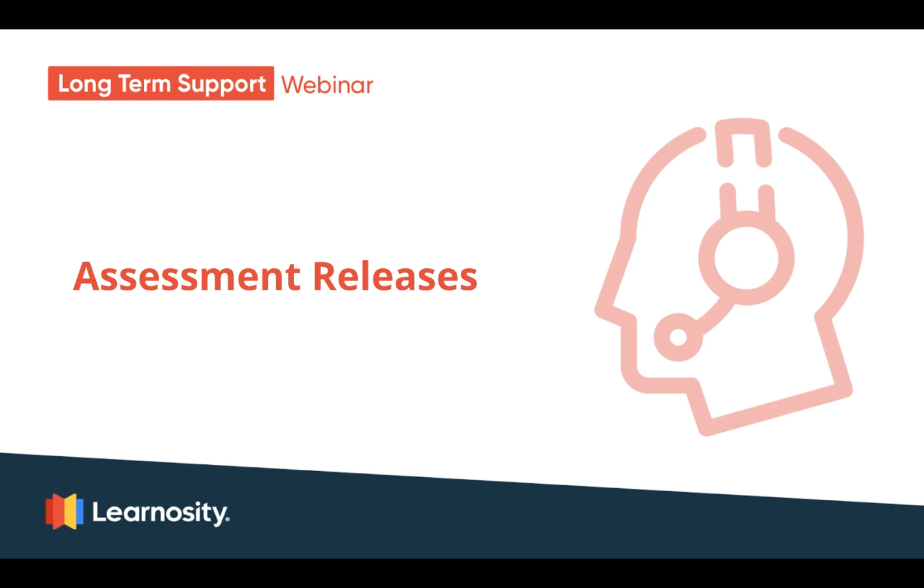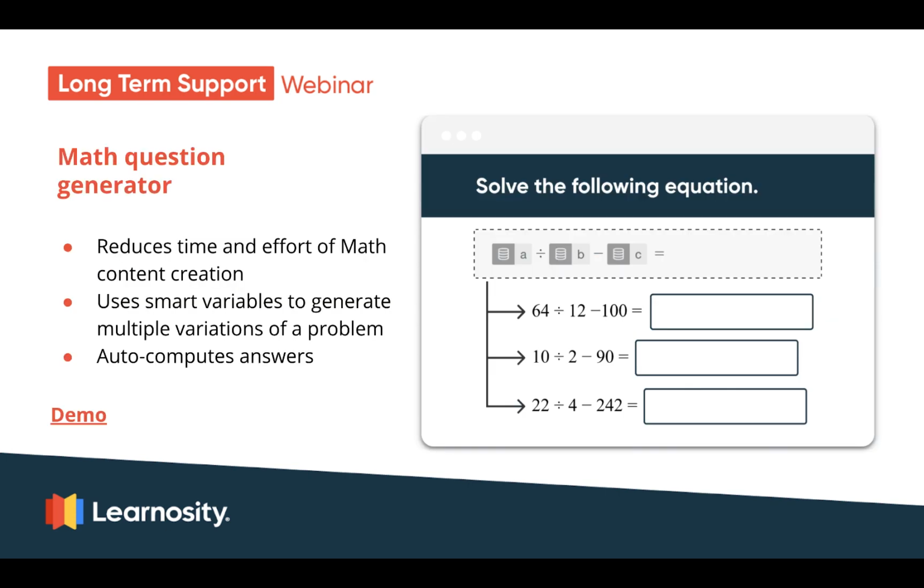Okay, so first let's take a look at the assessment release in some more detail. The math question generator is a powerful authoring interface that gives math content creators the ability to automatically generate multiple variations of a problem using variables.